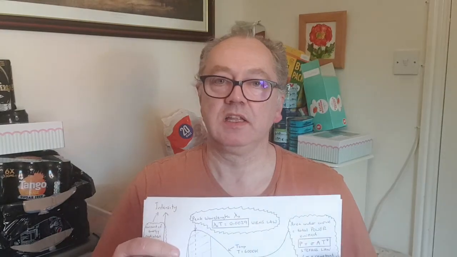The intensity starts very low at short wavelengths. It goes up to a peak wavelength where most of the energy is being emitted, and then it gradually drops down again. And this curve, which is explained theoretically, is called the Blackbody radiation curve. So I'm going to show you now a graph of the Blackbody radiation curve.